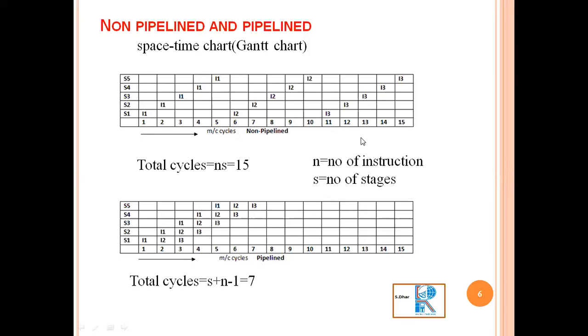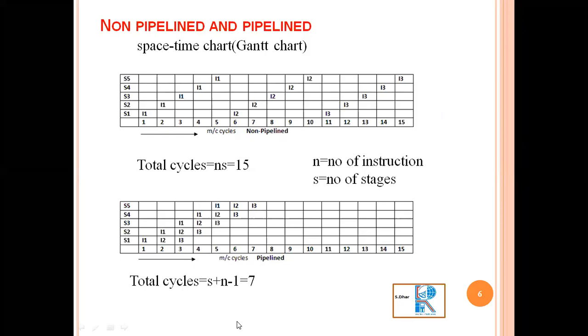So what is the total cycles required? There are 5 stages and n number of instructions, so n into S. Here it will be 15, that means 5 stages and 3 instructions, I1, I2, I3. So 5 into 3, 15 cycles are required if I use a non-pipeline processor.